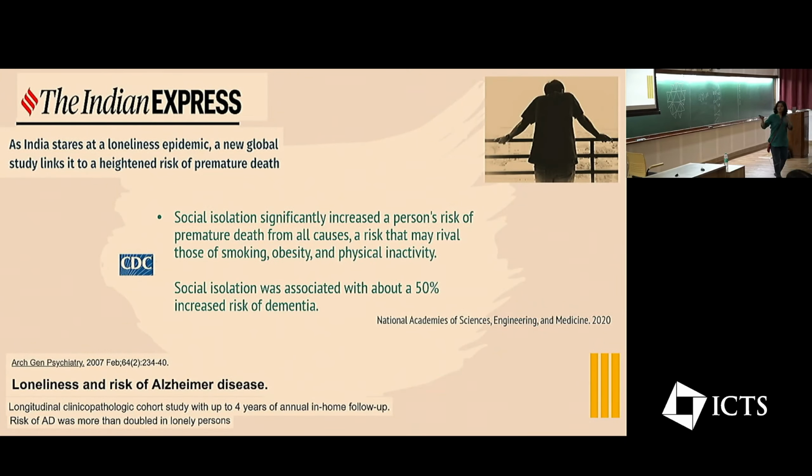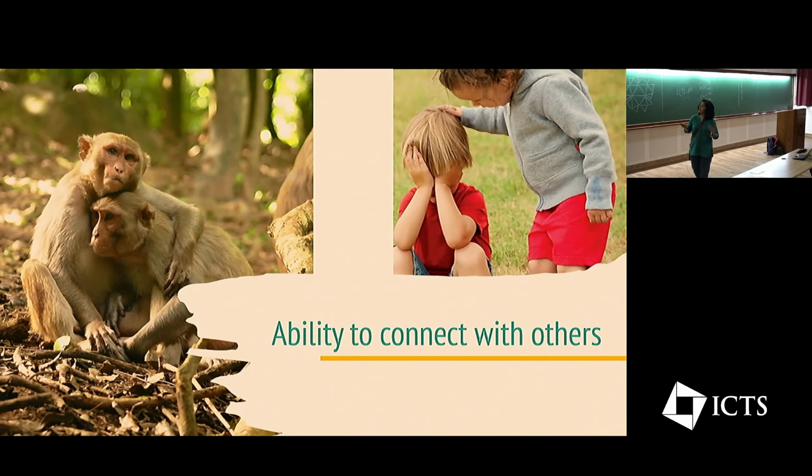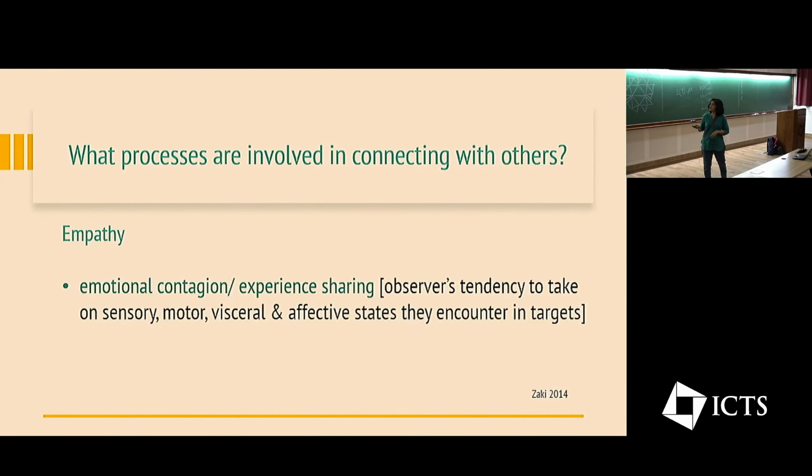So, like I was concluding, social lives are important for our health. And one of the hallmarks of healthy social living is our ability to connect with others. Typically, how that has been studied in the literature is through empathy, which is thought to consist of two sub-processes.